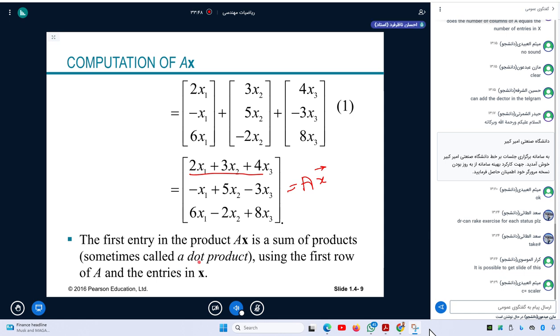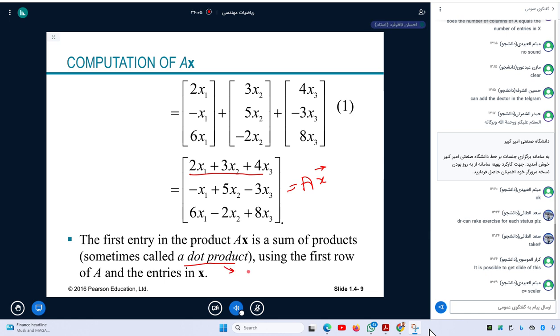We will be talking about this later on, but this is a kind of dot product equation. But here we won't be. Brothers and sisters, see dot product.